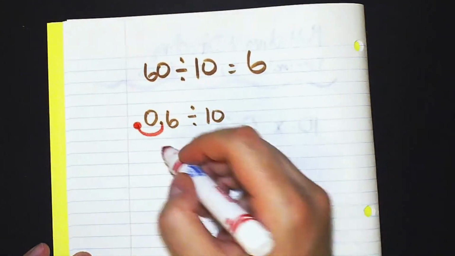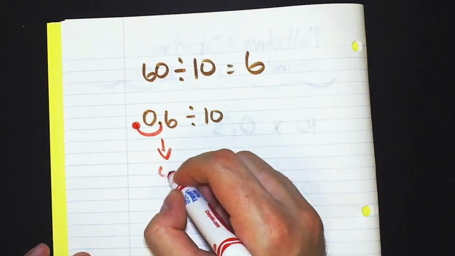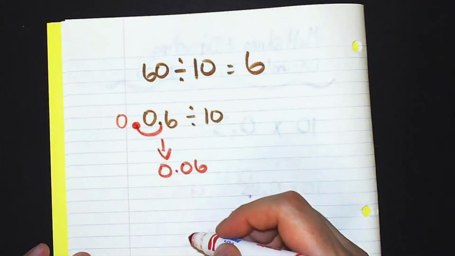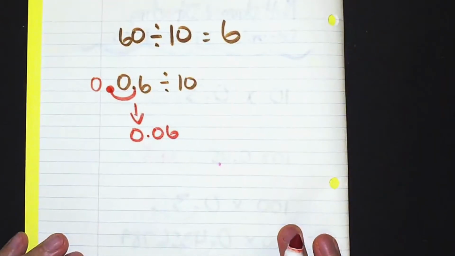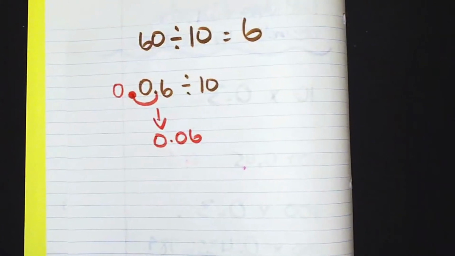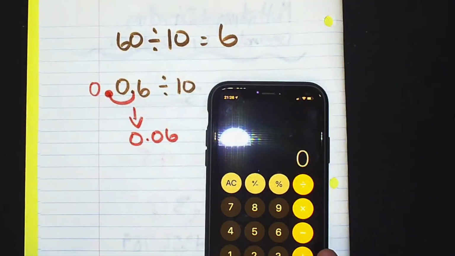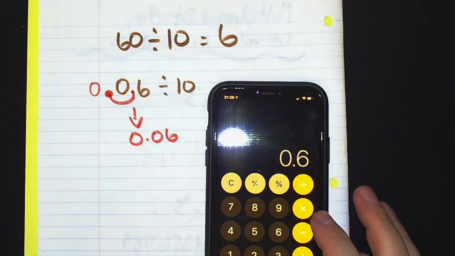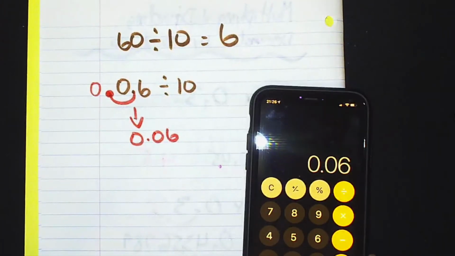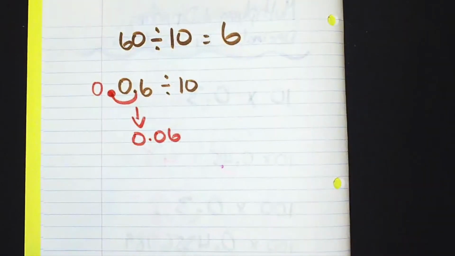So now this number is going to give us an answer of 0 decimal 06. It's always good to include the 0 on the outside. 0 decimal 06 is your answer. So when you do this on the calculator, 0 decimal 6 divided by 10, there's your answer right there.